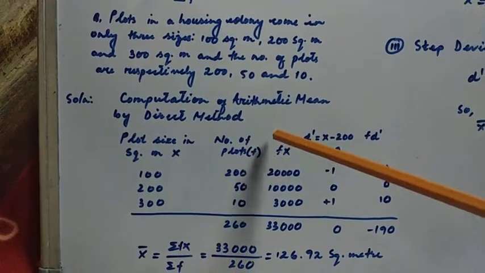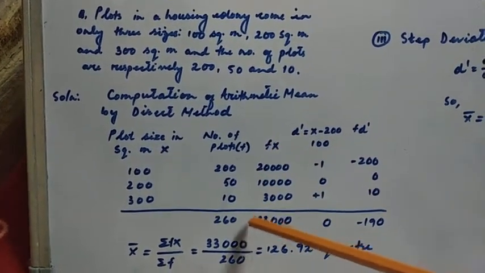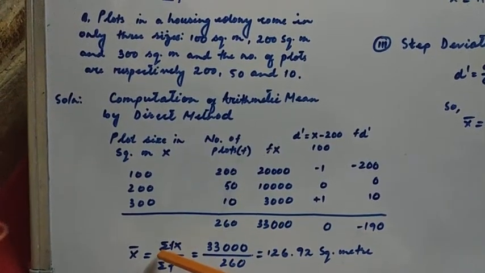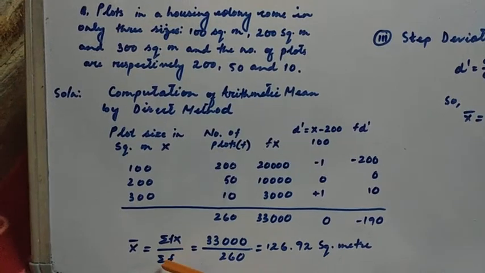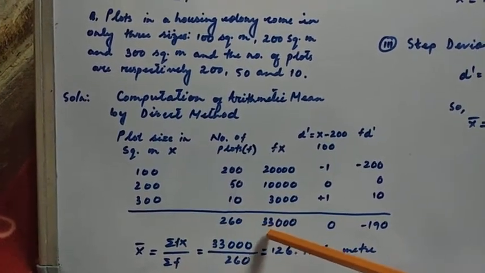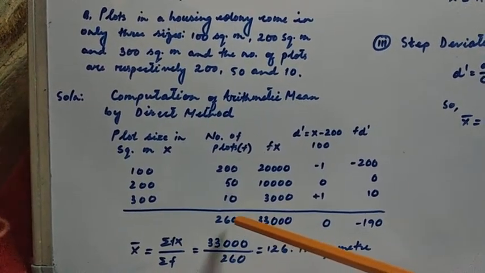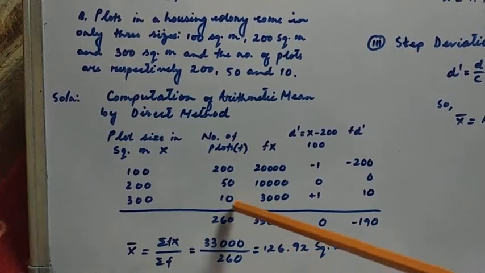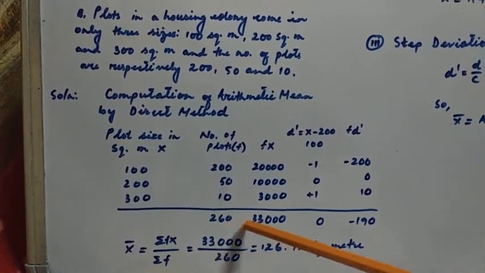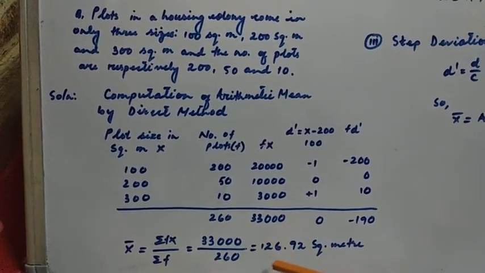For that, we have summation fx, and we have the value here. The formula for the direct method is summation fx divided by summation f. The values obtained here are divided by the total number of frequencies, which is 260, and the value obtained is 33,000. When we divide the values obtained by the number of frequencies, we have the answer.